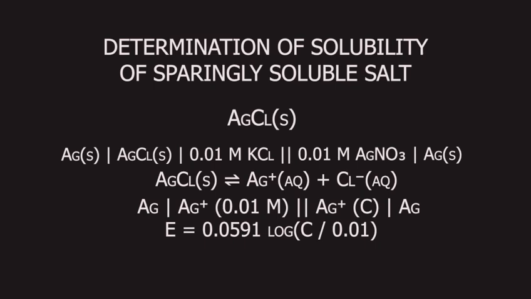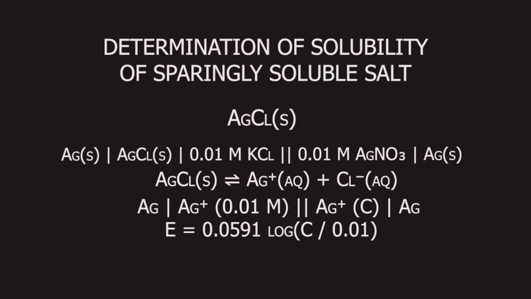Here, C represents the concentration of silver ions provided by the dissolution of silver chloride in the potassium chloride solution. By measuring the EMF of the cell, the value of C can be determined. If potassium chloride is assumed to be completely ionized, then the chloride ion concentration is taken as 0.01 molar.